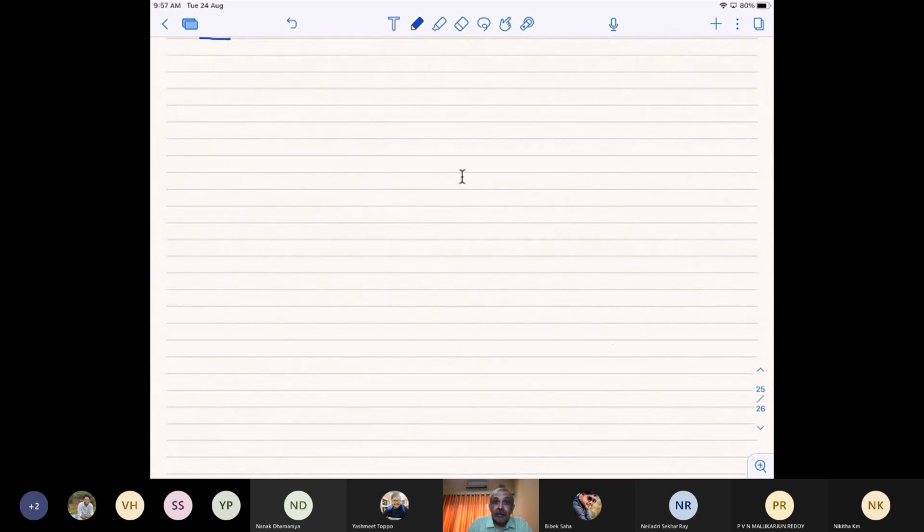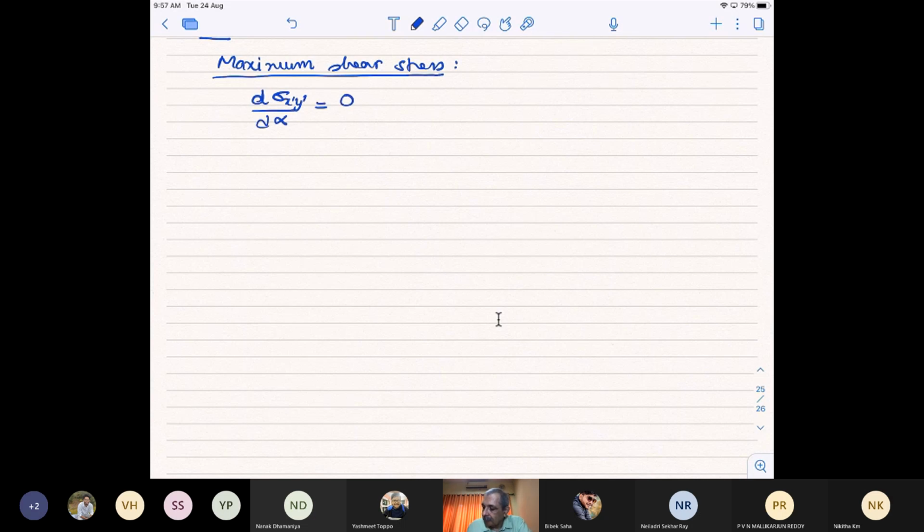Okay, so now let's do a little bit of new things. Can we find an angle? We found the angle at which the normal stress was maximum. Can we find out what is the maximum shear stress? For this, we take the derivative of sigma x prime y prime with respect to alpha and put it equal to 0.